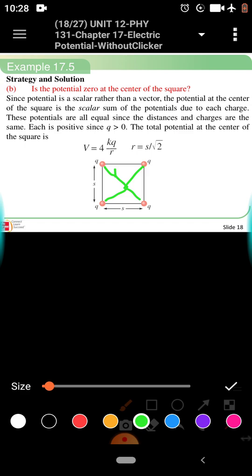Instead of calculating the r's like that, let me just write the formula.